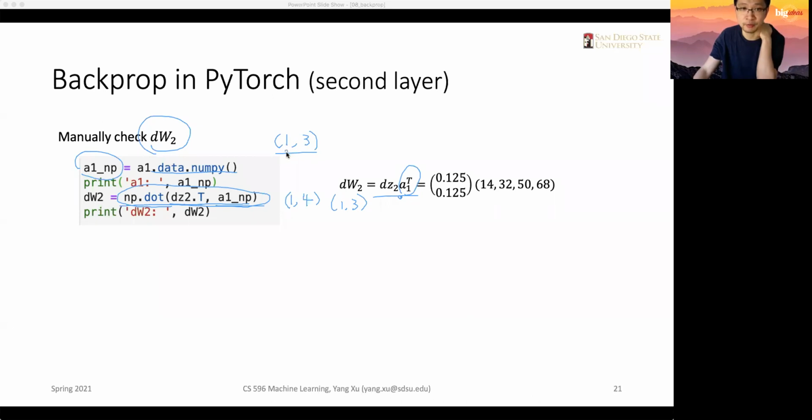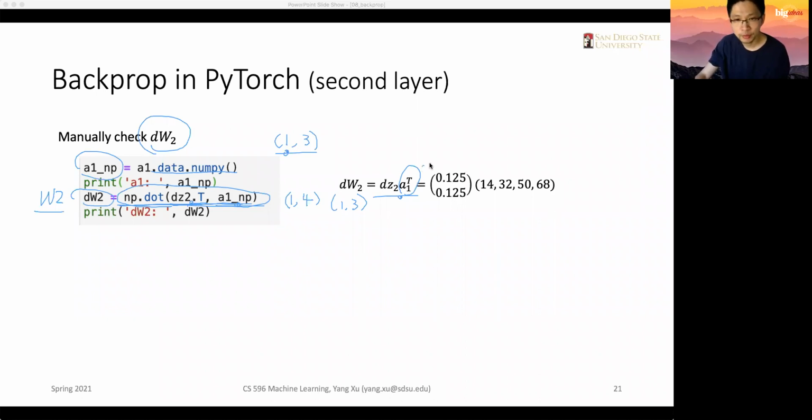It has an additional 1 dimension. So it doesn't really matter which dimension we transpose, but we want the dimensions to match, and we want the output dw2 to have the same dimension as w2. That is the principle that we need to follow.